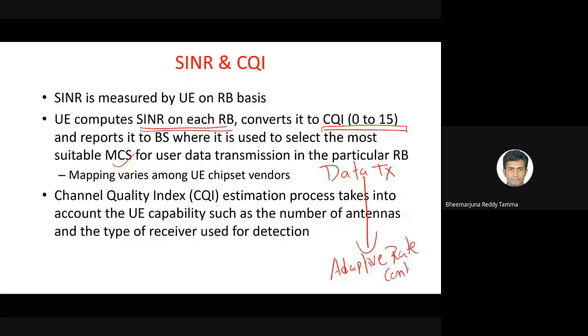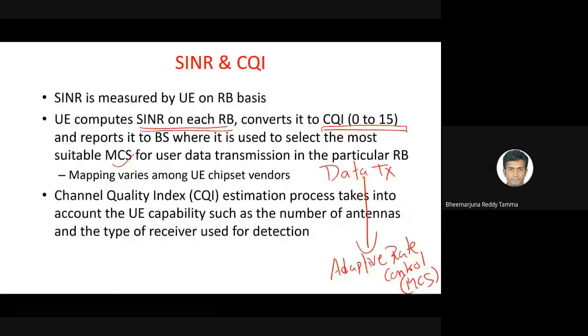Basically, here we are selecting adaptively what should be the MCS to be used for the next downlink data transmission, by getting the CQI information that is observed at each user equipment to the base station, with certain controlling information coming in the uplink.